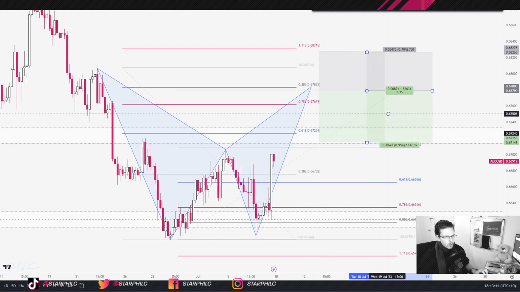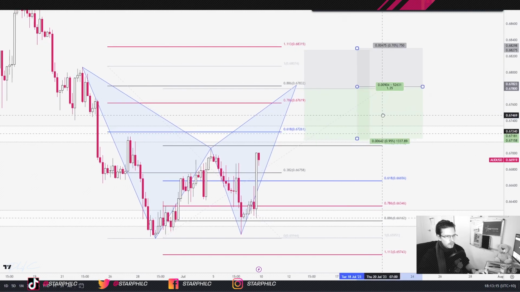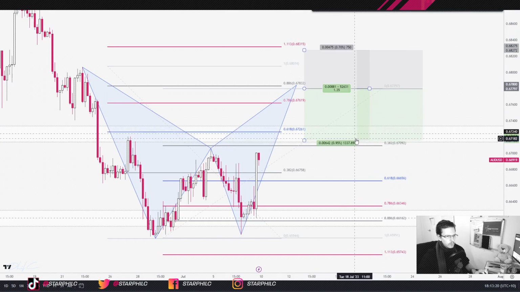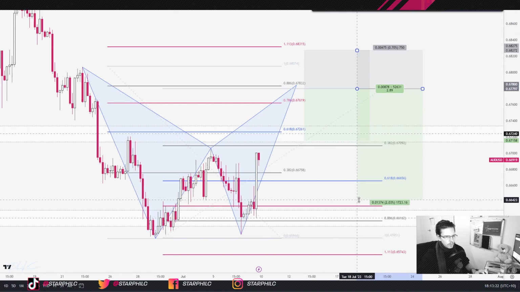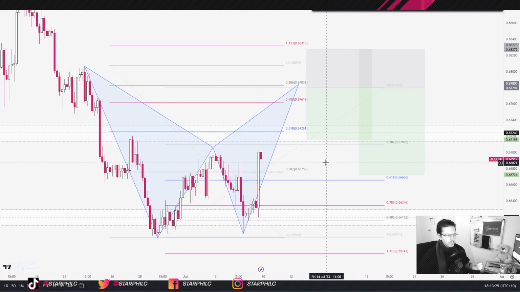And then we copy and paste that because we always go for two targets. Always go for two targets. Target 1 is 382. Target 2 is down at the 618. This is my potential bat pattern trade on the Aussie dollar.